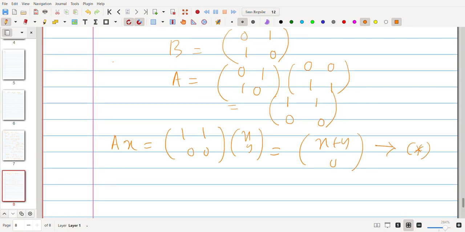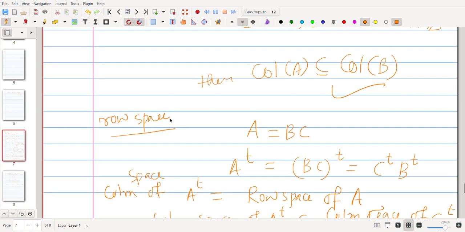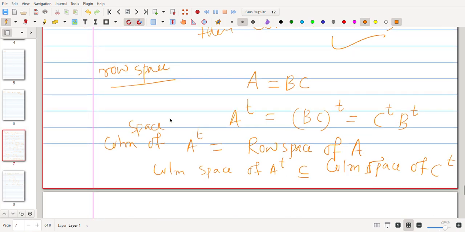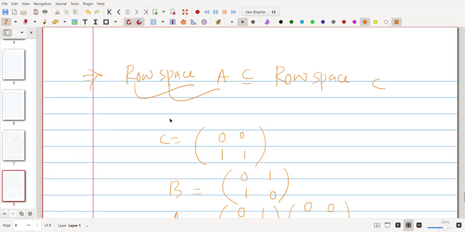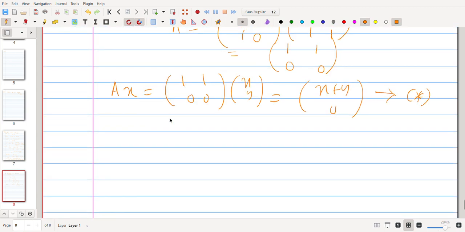And if we see the column space of A, and the column space of C, what about the column space of C?